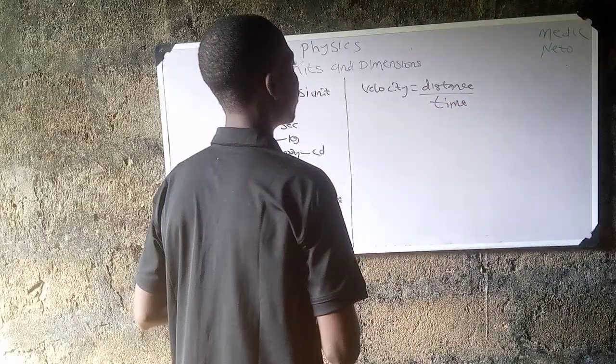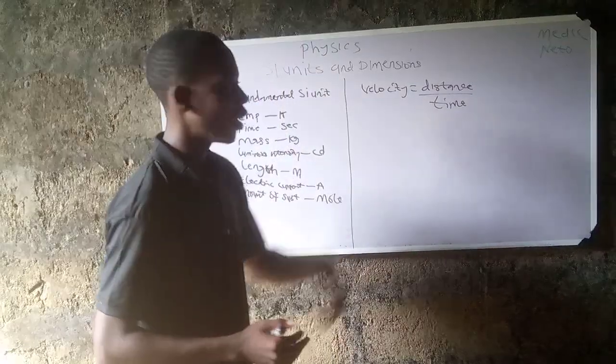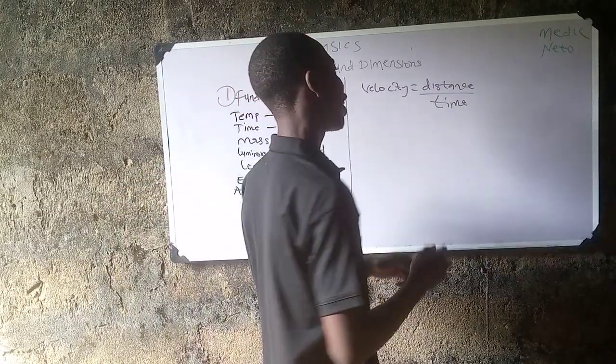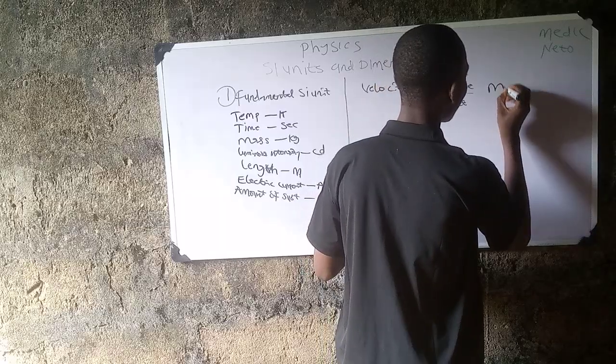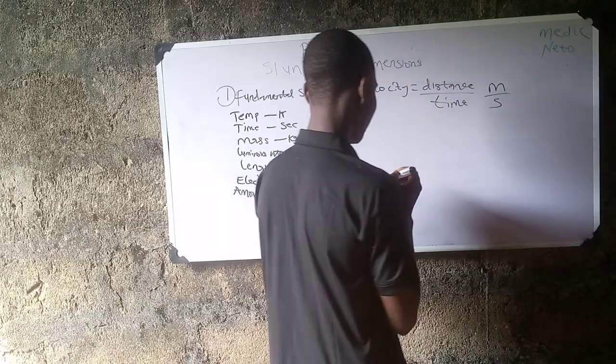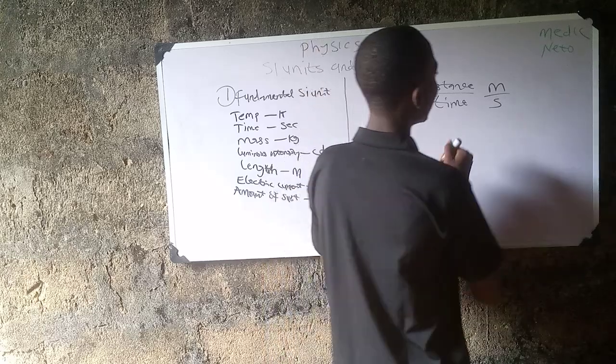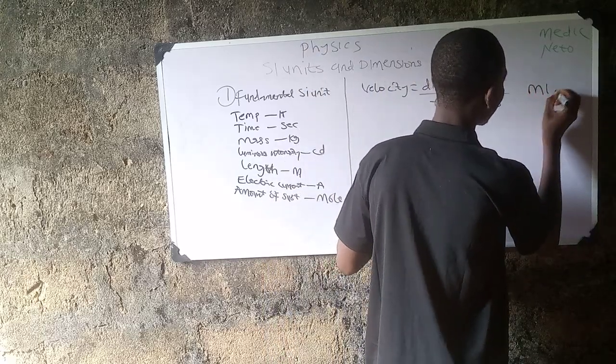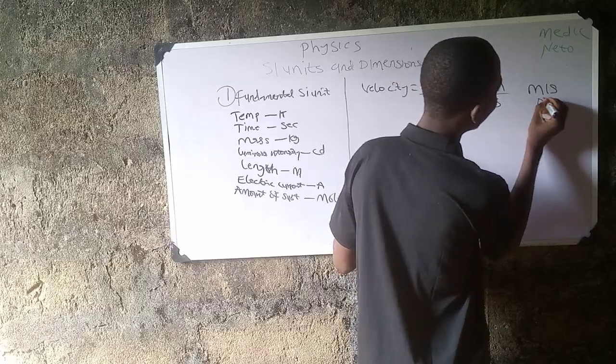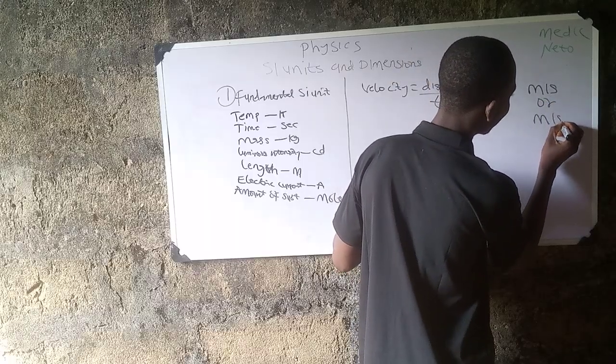Distance is measured in meter, time is measured in seconds. That is m over s, which gives us meter per second. You write it like this, or you write it this way, meter per second.